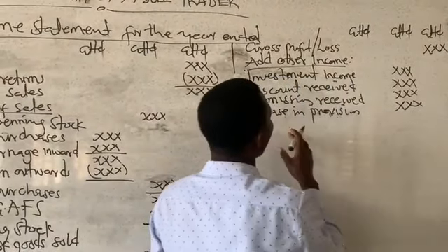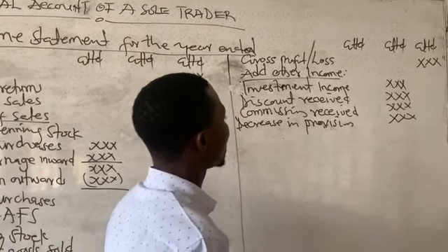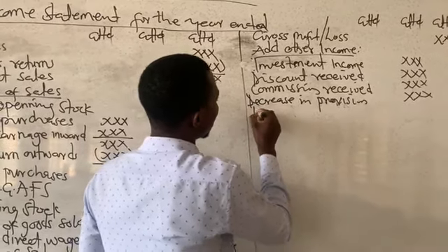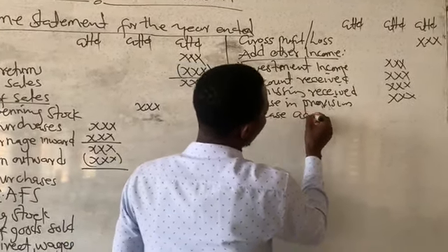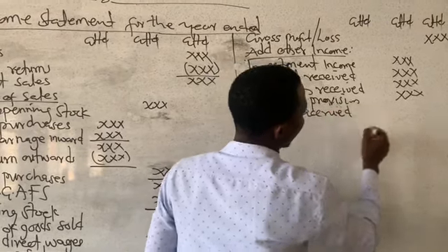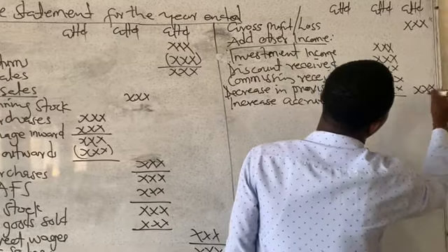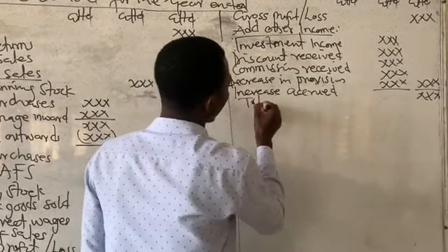There may be other income that you need to add. Sometimes there may be revenue owings, is that okay? Or income accrued. All this must be added. Income accrued, you add it to other income. Then you bring the total. The answer you get gives you the total income.